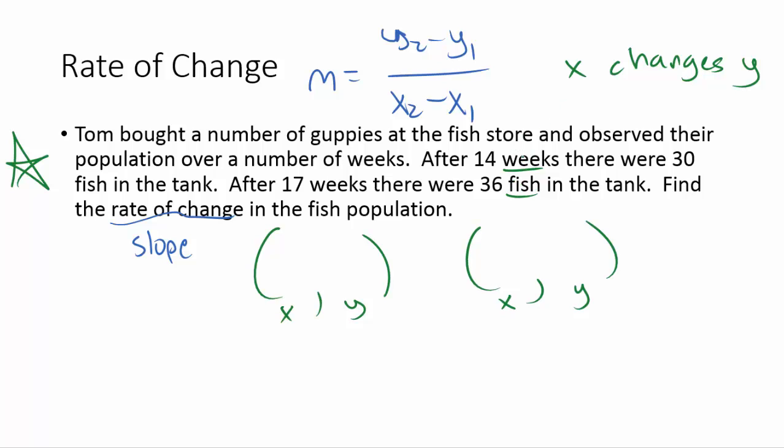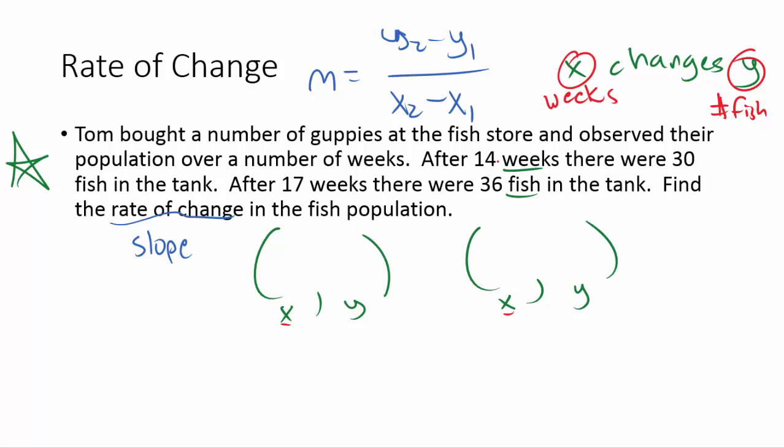So you have to ask yourself here, are the weeks changing the fish in the tank, or are the fish in the tank changing the weeks? And the only one that really made sense there was that weeks must be changing the number of fish in the tank. So we know that x represents a number of weeks, and y represents a number of fish.